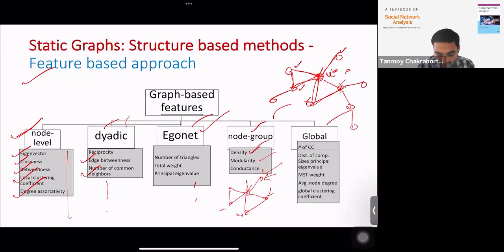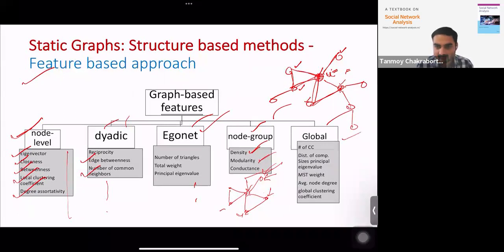So density, modularity, conductance, these are also network-centric properties, right? Because modularity ultimately measures community likelihood, whether the network possesses a community or not. Conductance is also a network-centric property, but all the network-centric properties can also be measured for a particular group of nodes, right?